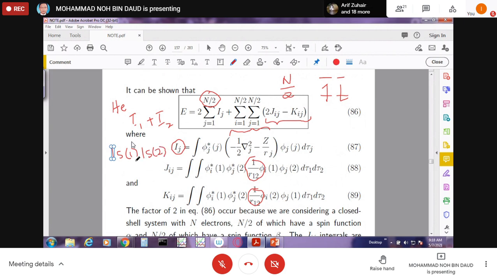This is an acceptable wave function because we cannot distinguish the two electrons. Both occupy the 1s state. So when we introduce the interaction, we only get one component of energy, which is J11.